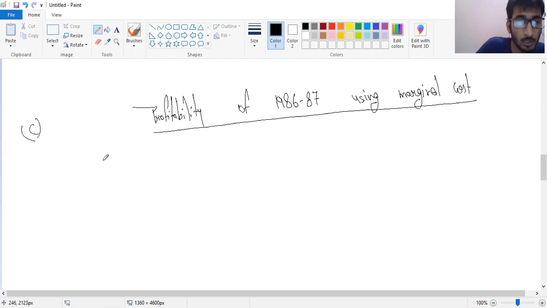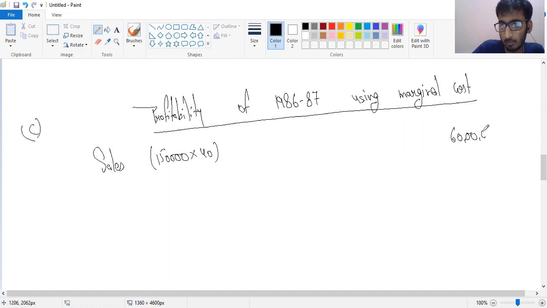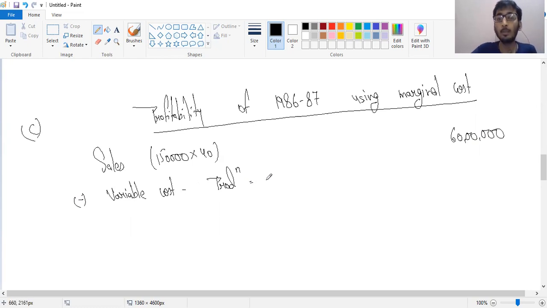So the sales: 1,50,000 multiplied by 40 would be 60 lakh. Now sales minus variable cost of production. What is the production?